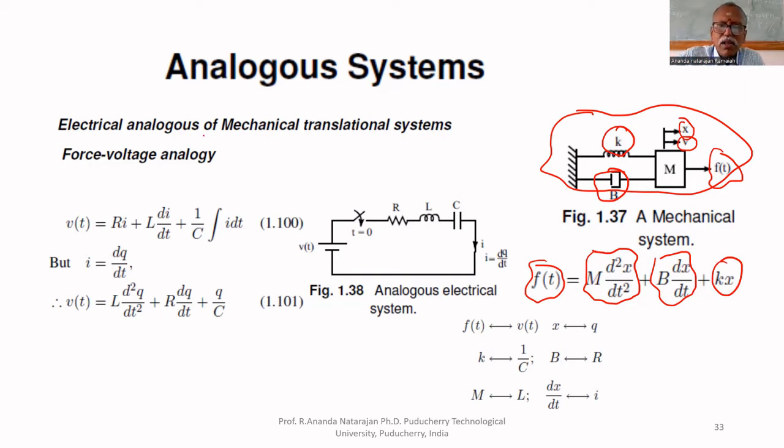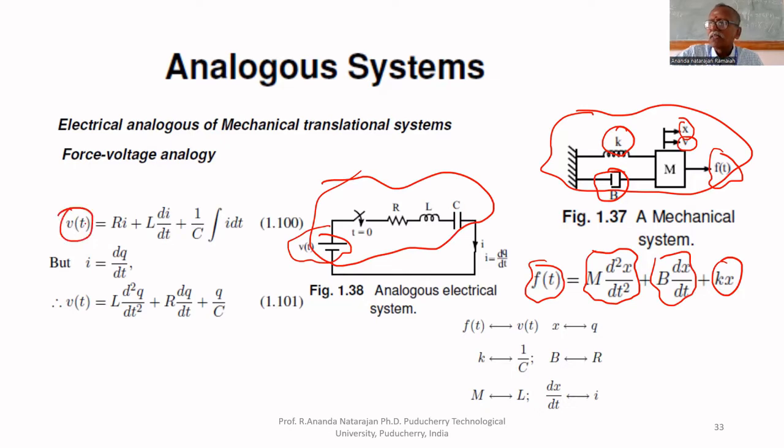What is the mathematical model of this electrical system? The applied voltage is V of t, and the current through the circuit is I. If you write KVL, what you will get? Ri, the drop across. If you travel along the current direction, if it is a battery, you are traveling from negative terminal to positive terminal.